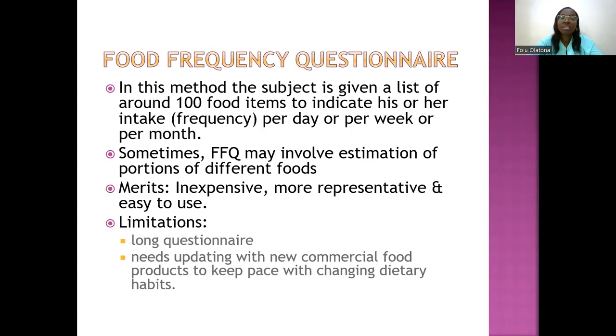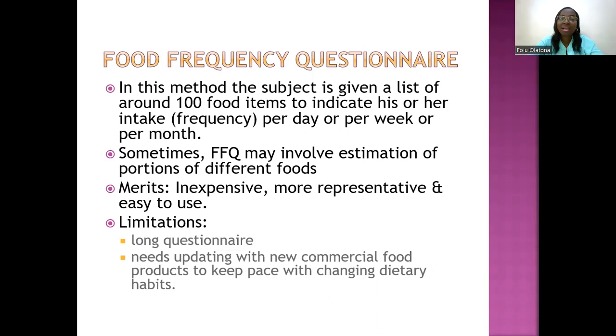And sometimes this food frequency questionnaire, FFQ, may involve estimation of portions of different foods. You know, that's similar to what I did for the 24-hour diet record, where you are asking for the amount of food. But usually, a food frequency questionnaire just measures the frequency. It's not expensive, and this is more representative because we're able to capture all the foods for 1 week, not just what did you eat yesterday.